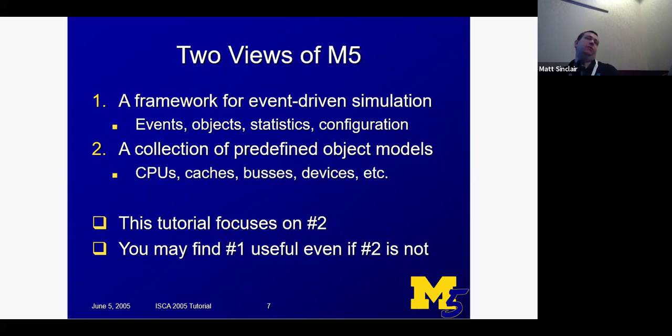Now, both of these views for M5 are true, but in this tutorial, we're going to focus on the second one, because in my opinion, that second one is probably what you really want to know, right? Like you probably want to know, how do I take what's already there and either use it straight away or tweak it a little bit to get the kind of information I want. And so while we're going to focus on number two, you might find number one useful nonetheless.